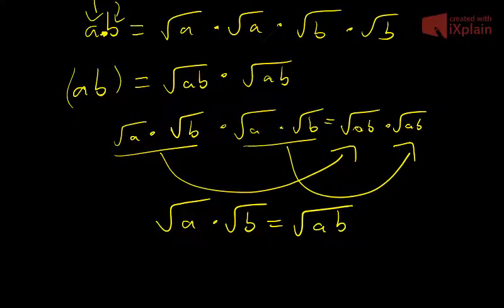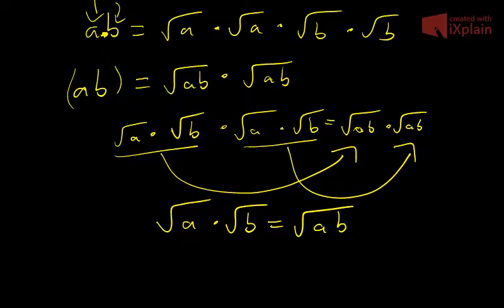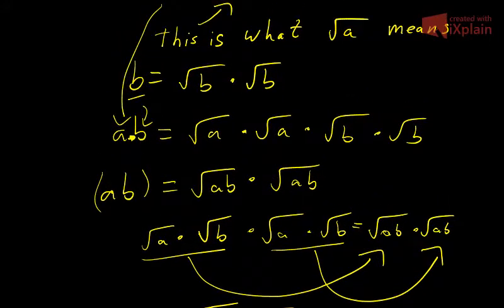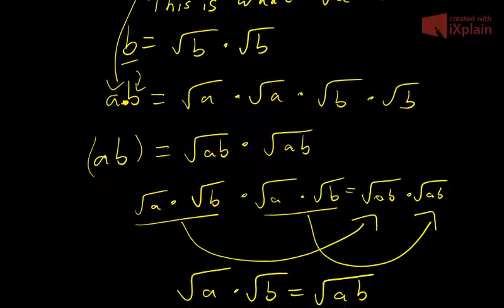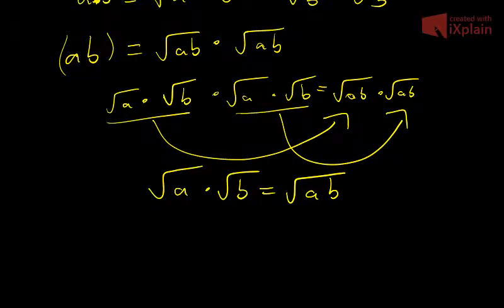Y'all are going to be seeing a lot more of things that look like this when y'all go into geometry. This is a real quick proof of why we can multiply these things together. All I did was say, if we have two numbers, I can define what the square roots mean, and I can write them two different ways. And if we write them two different ways, we can prove that multiplying square roots on the outside is the same as multiplying square roots on the inside. And that's basically all we're going to be doing this time.